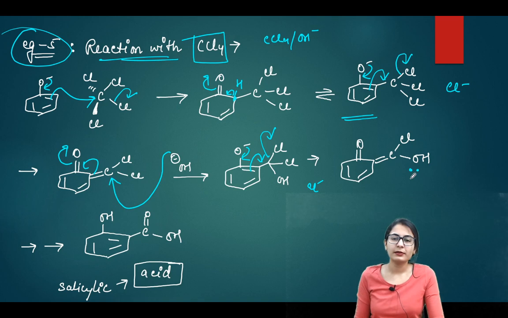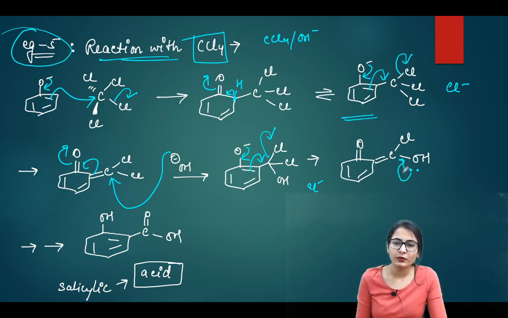After that you can write the mechanism by your own self, because what are we seeing over here? Once again we see something like this, that is going to give you the phenoxide ion, but this time it gives you a double bond O and a Cl over here.